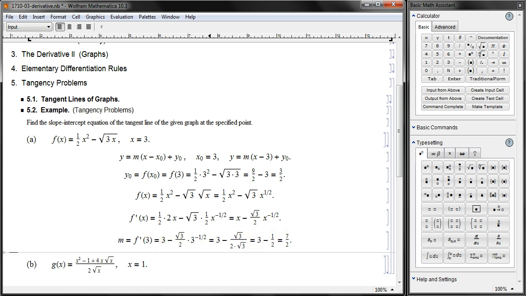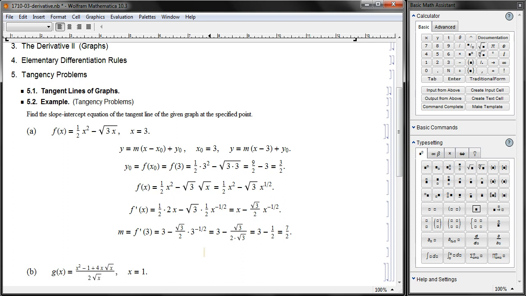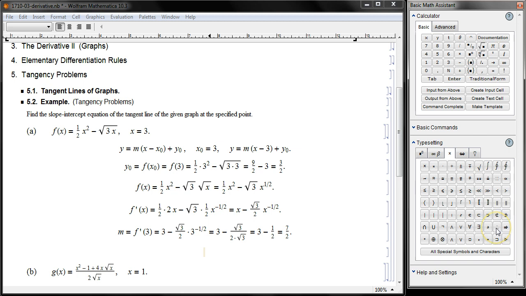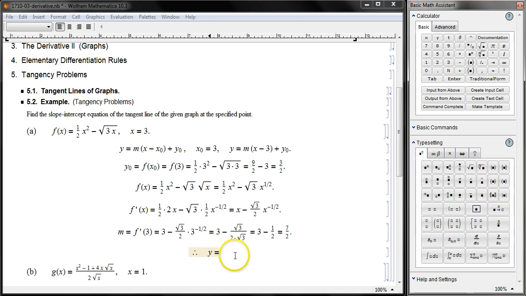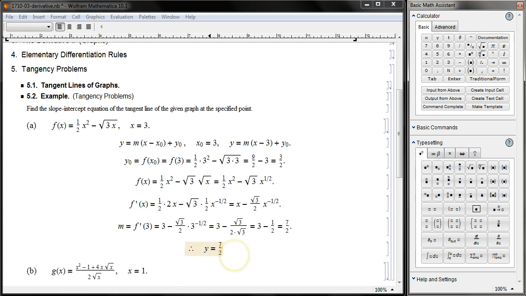That's the slope. Therefore, we're going to get the equation of the tangent line like this. Slope 7/2 times x minus 3 plus 3/2. There you go. If you break up and get the slope-intercept equation, that's fine, but I'd rather stay with the slope-point equation. There goes the full solution.